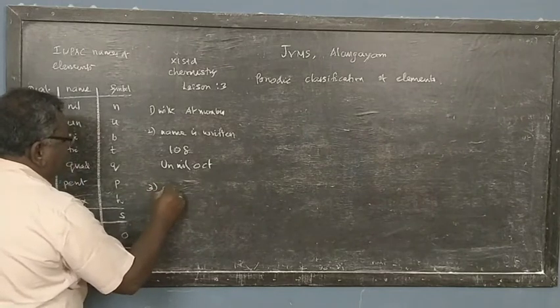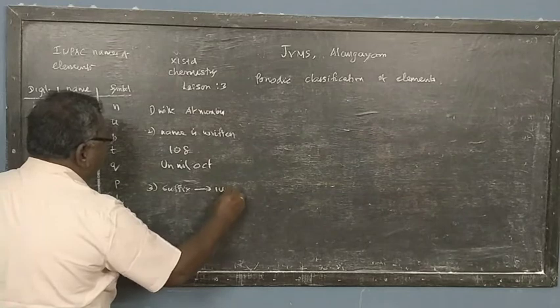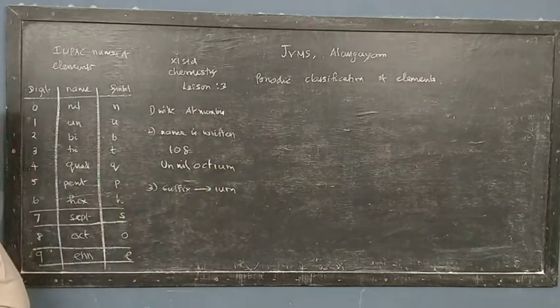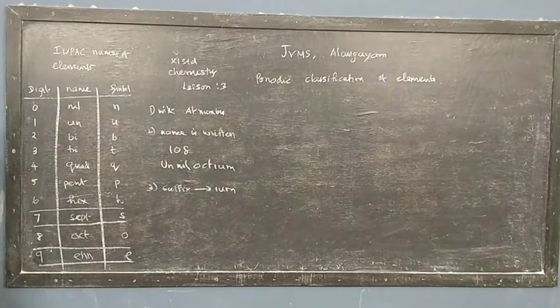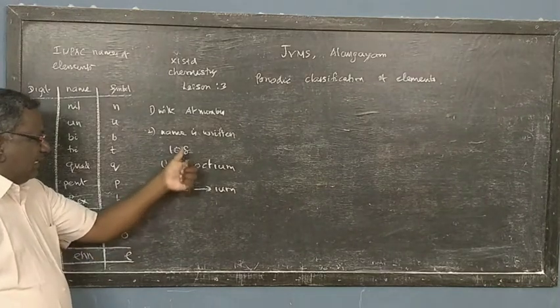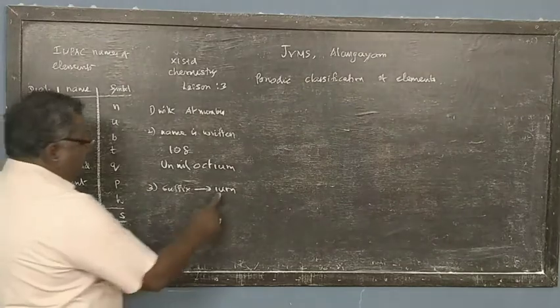And the third thing, the suffix is always ium. So it is octium. So these are the three rules used to write the IUPAC name. So un, nil, octium, right? Always the suffix will be ium.